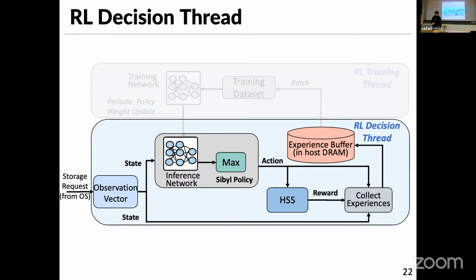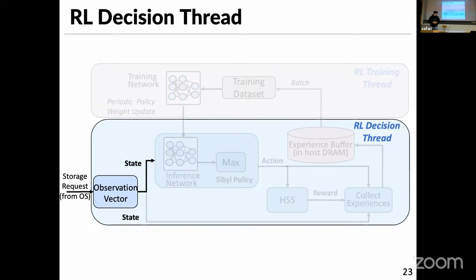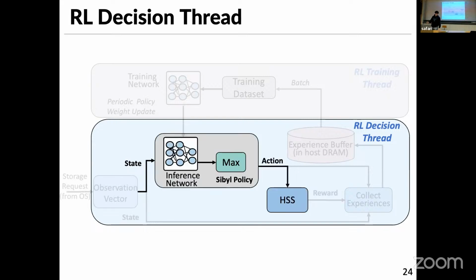We will first dive into the RL decision thread. Now you can see the storage request is represented as an observation vector, which is the state as we have seen it a few slides previously. The state is fed to an inference network, which will output certain Q values for what action should be taken. We take the maximum of these values to read out the action that was decided by Cibil.